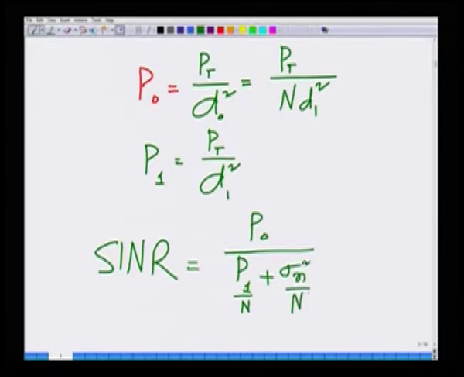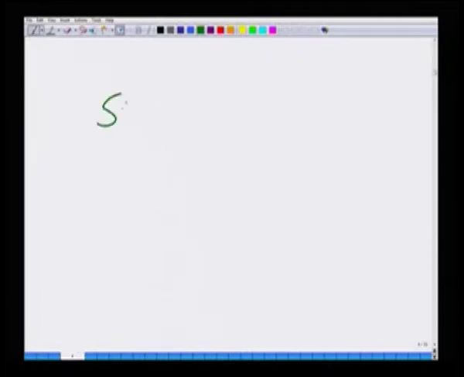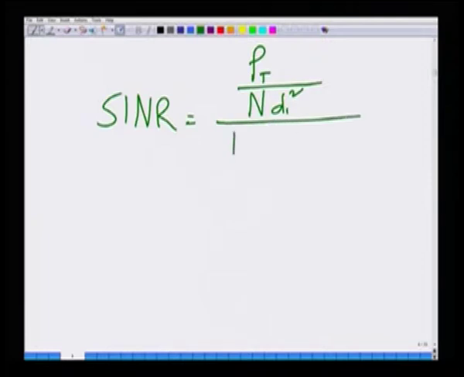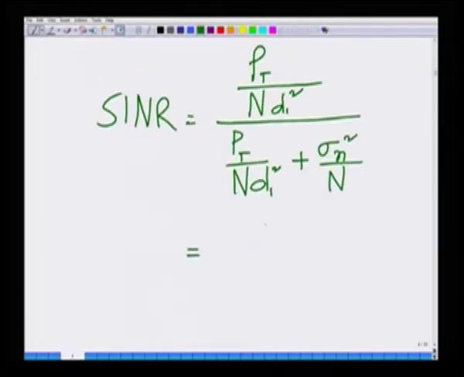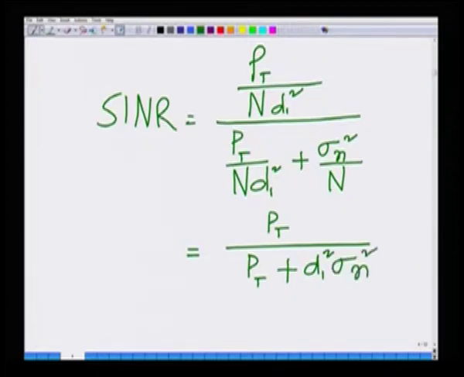I will substitute for P0 and P1 in this expression and I will write SINR equals Pt over n d1 square plus Pt over n d1 square plus sigma n square over n, and this can be simplified as Pt over Pt plus d1 square sigma n square.